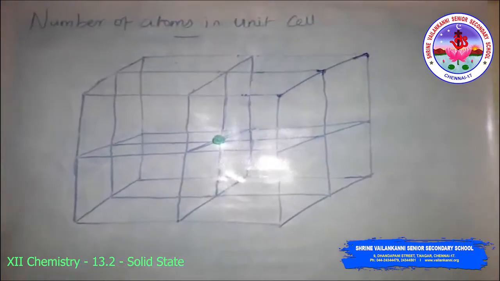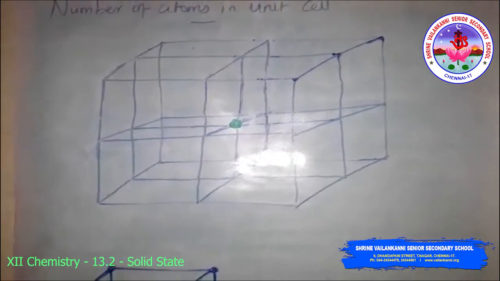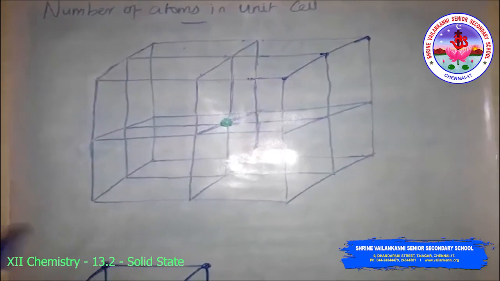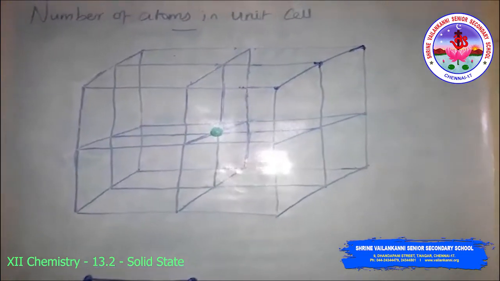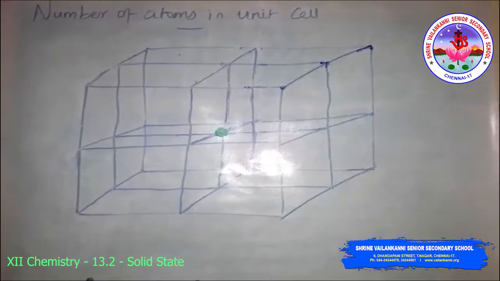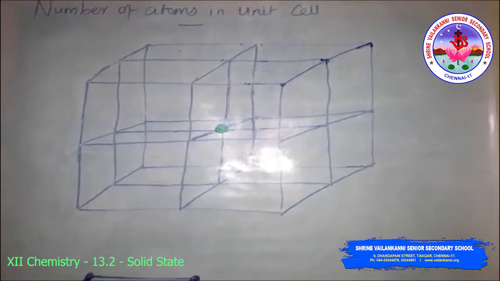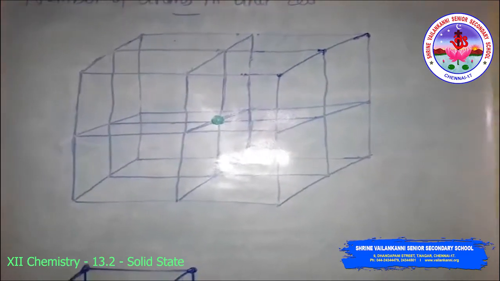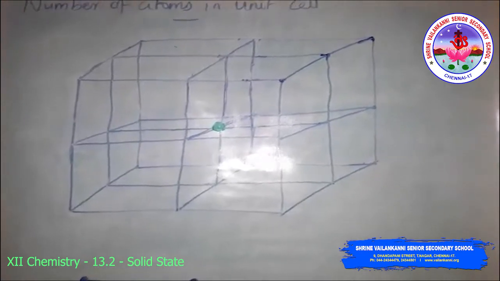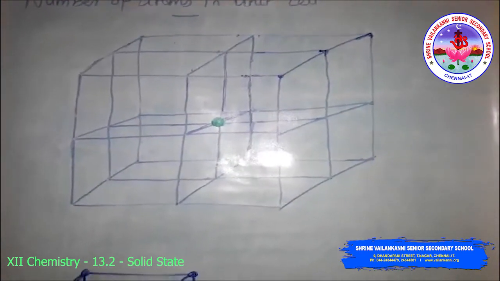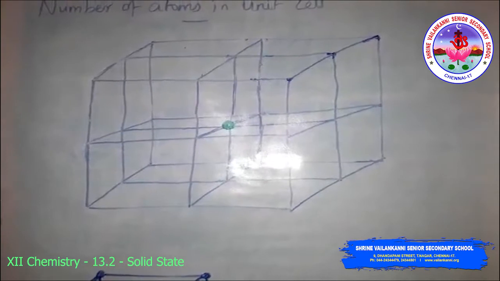See here, the primitive cubic unit cell has atoms only at the corners. Each atom at the corner is shared between the 8 adjacent unit cells.